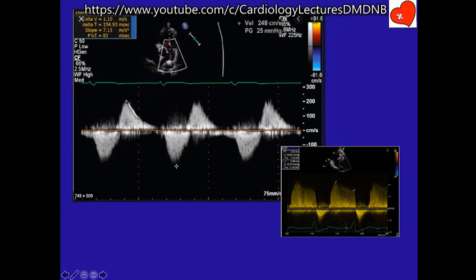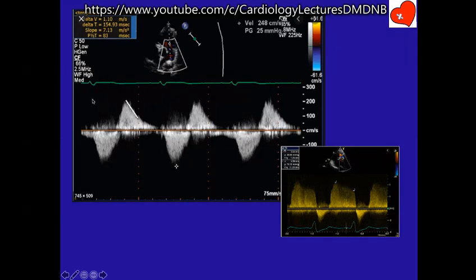So for the gradient to fall to half its value, not velocity. Okay. So if the slope is sharp, it indicates severe regurgitation. If the slope is horizontal, it indicates longer half time, and it means milder regurgitation. This is low pressure severe PR.